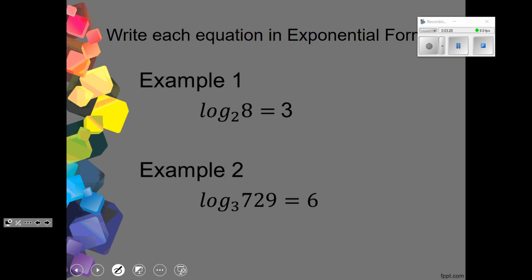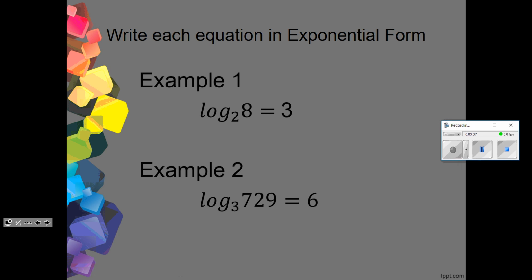Oh, gosh. I should have just waited for example 1, because there it is. We're basically going to take these into exponential form. They're in logarithmic form right now. So let's review what we just did.